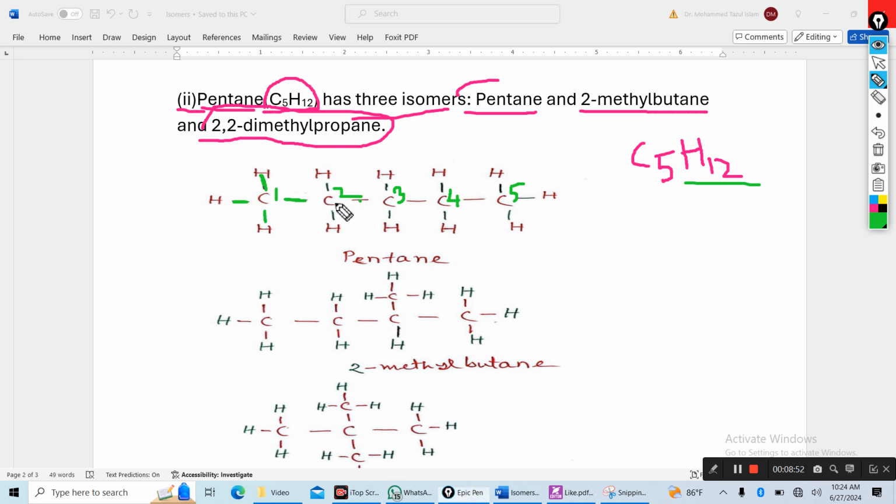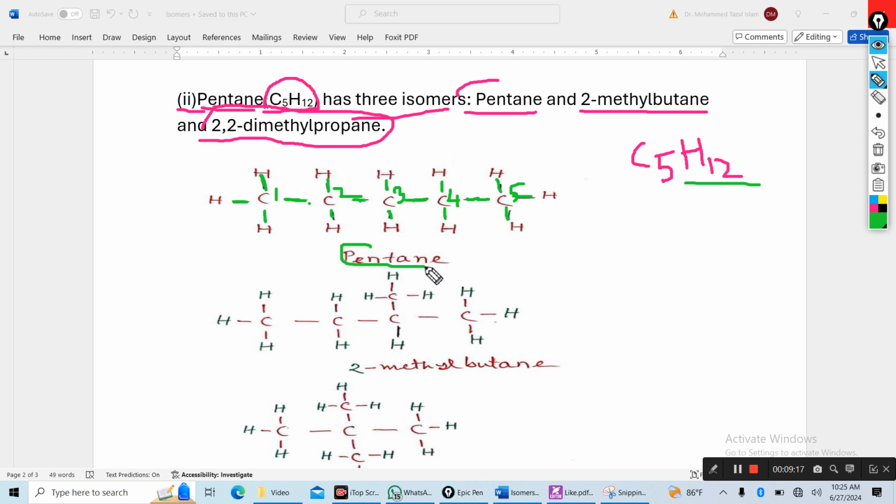This carbon has 4 bonds, number 3 carbon also has 4 bonds, number 4 carbon has 4 bonds, and number 5 also has 4.